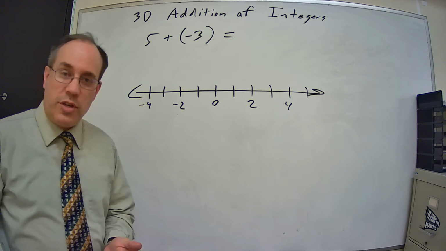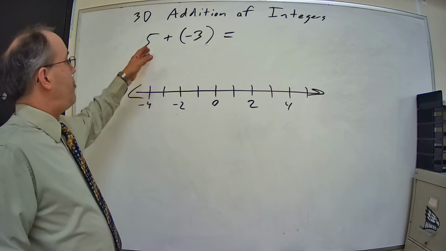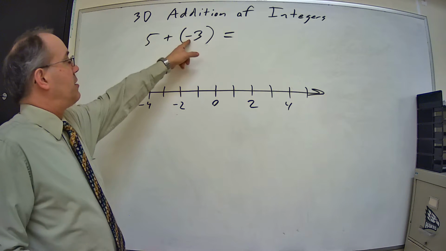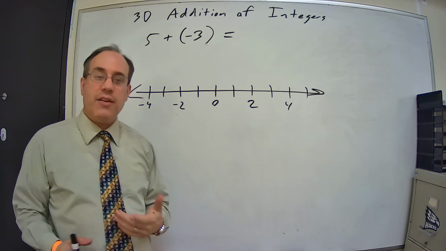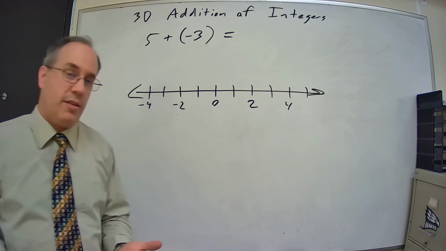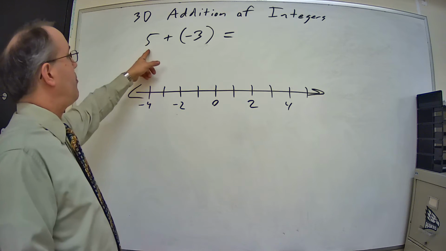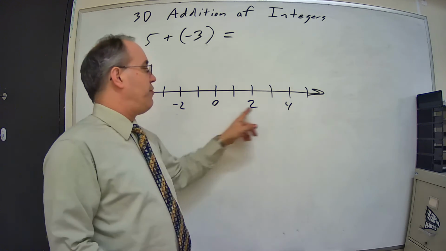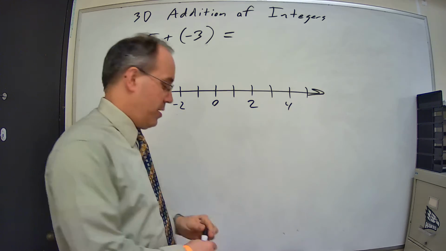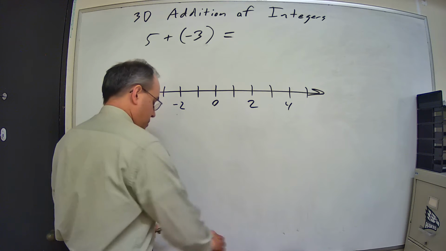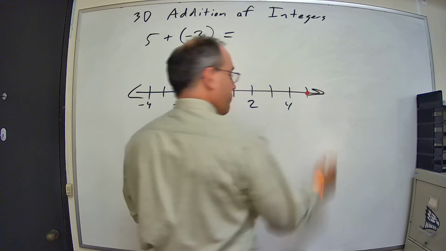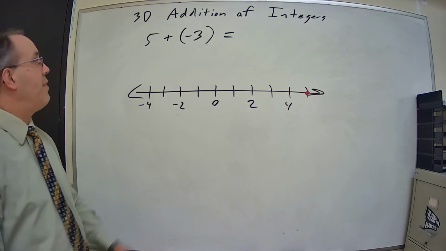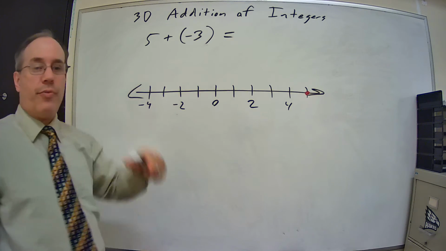So how we're going to use a number line to solve this is, remember that signs tell us direction. So we can think of the numbers as movement. So we start with the number 5. Well, that's moved 5 to the right from 0. So we're actually starting at that 5 over here. And then plus negative 3.